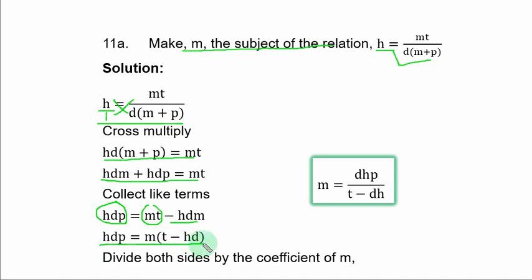To get M, divide both sides by the coefficient of M. So M is equal to DHP. Now, I'm trying to follow the order of the letters. So you have DHP over T minus DH. That is M as the subject of the relation.